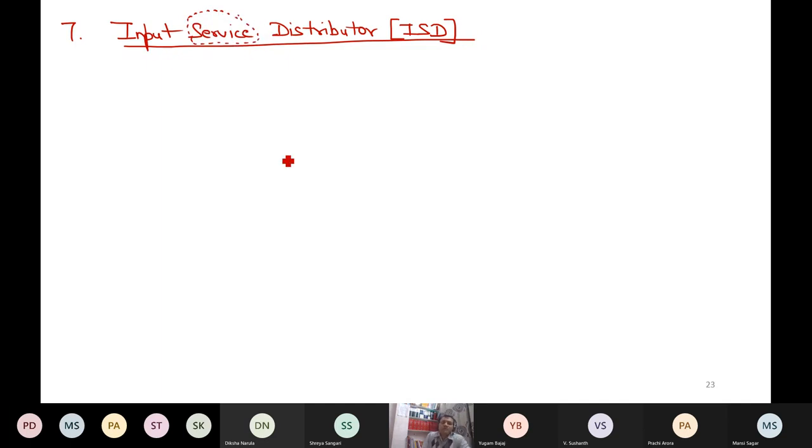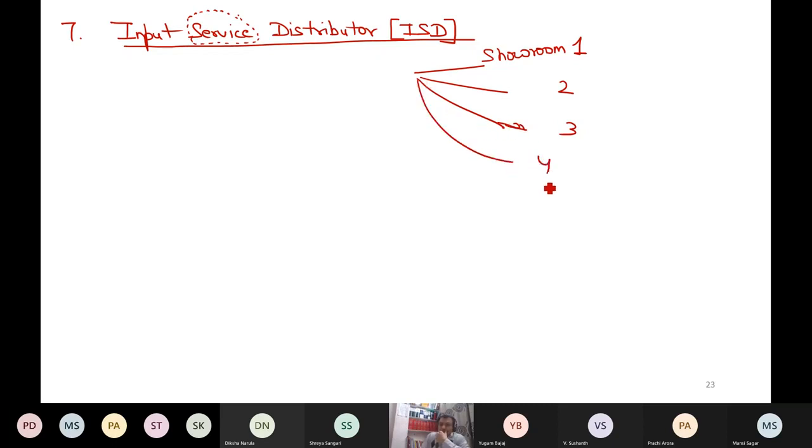Now what happens so many times? Suppose a company has 20 big showrooms. Showroom 1, showroom 2, showroom 3, showroom 4, and so on.